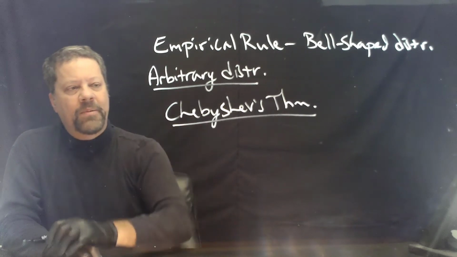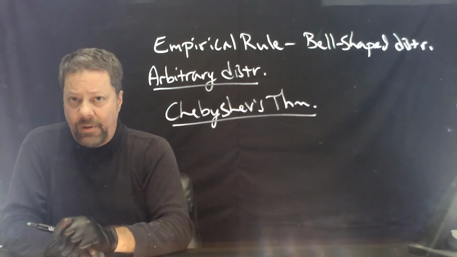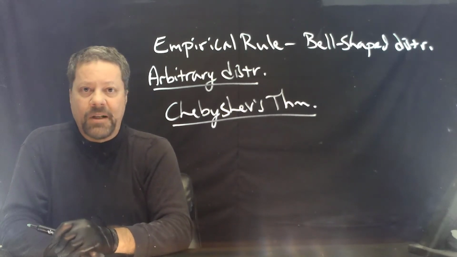It's a replacement for the empirical rule when the distribution is either unknown or when the distribution is known not to be bell-shaped.